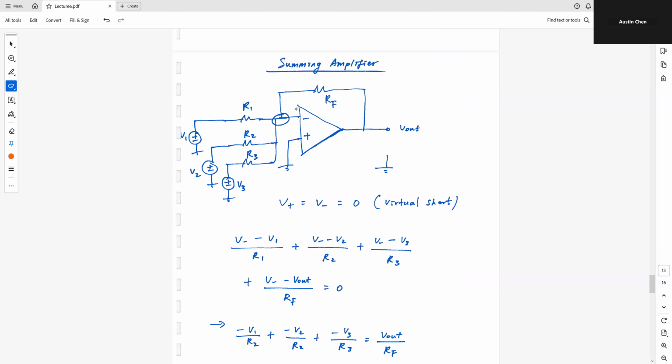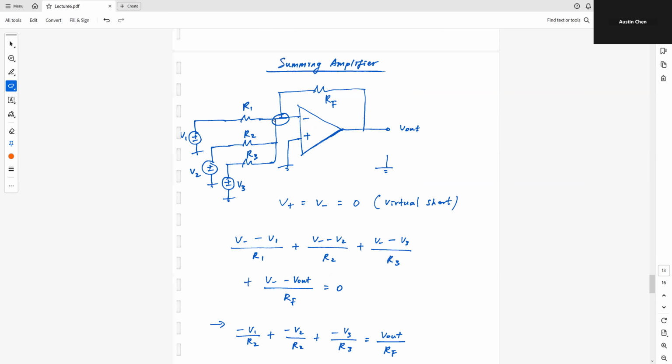So let's look at the next example here. I have a summing amplifier, and if you take a closer look, this is nothing but your inverting amplifier. Imagine if you remove these two branches, V2 and V3, it basically comes down to just V1 going into the negative terminal, and then you still have your regular negative feedback just as before.